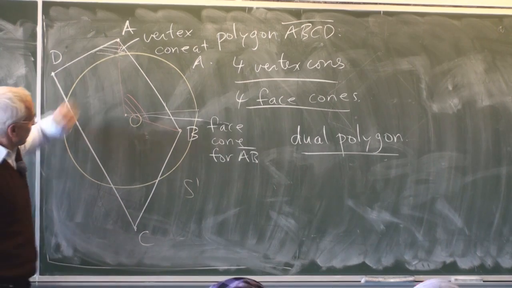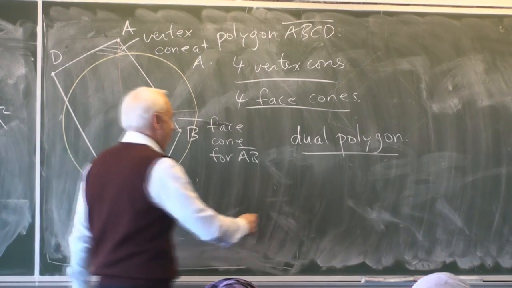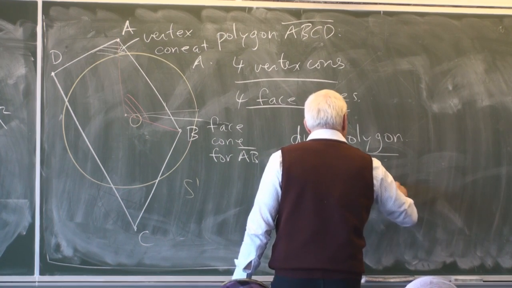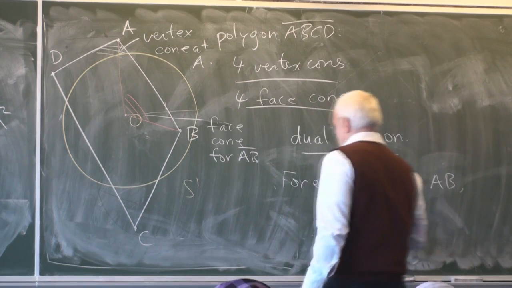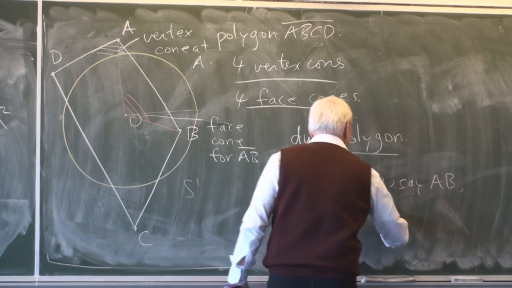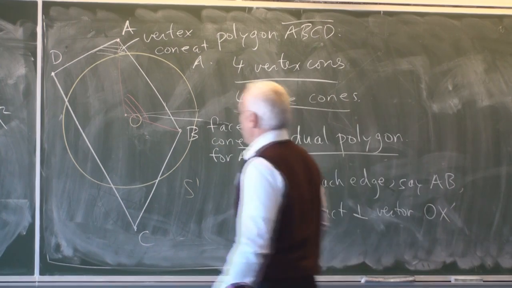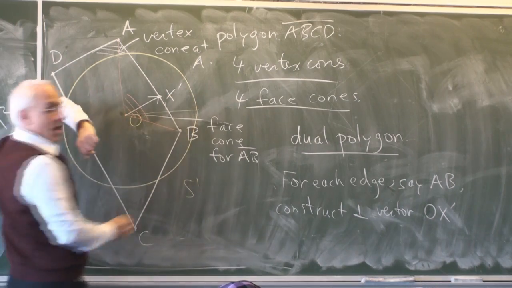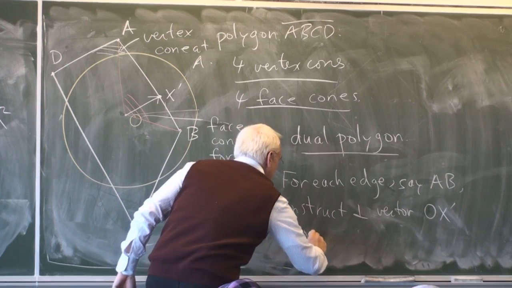So what we do is, let's say we take an edge, like AB, and for each edge, say AB, we construct a perpendicular vector. Let's call it OX prime. So there's a perpendicular vector with X prime on the edge AB.